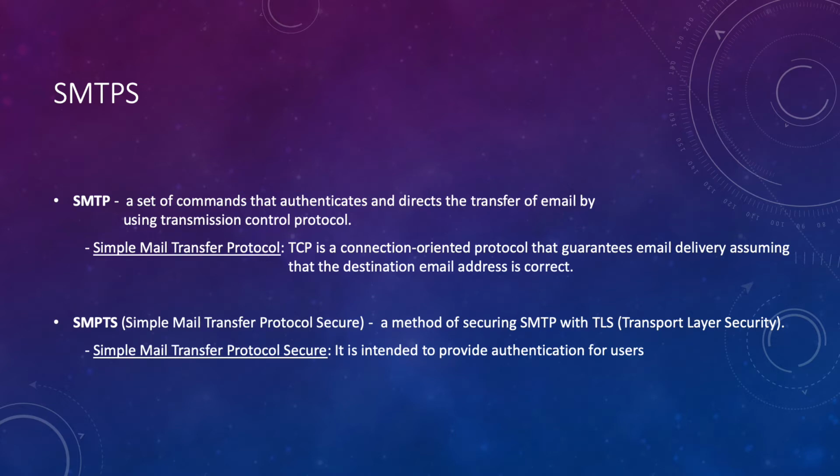And that email will stay on the recipient's email server until that person logs on and downloads the email using POP3 or IMAP. Since it uses TCP, or Transmission Control Protocol, it will always guarantee the delivery of the email.